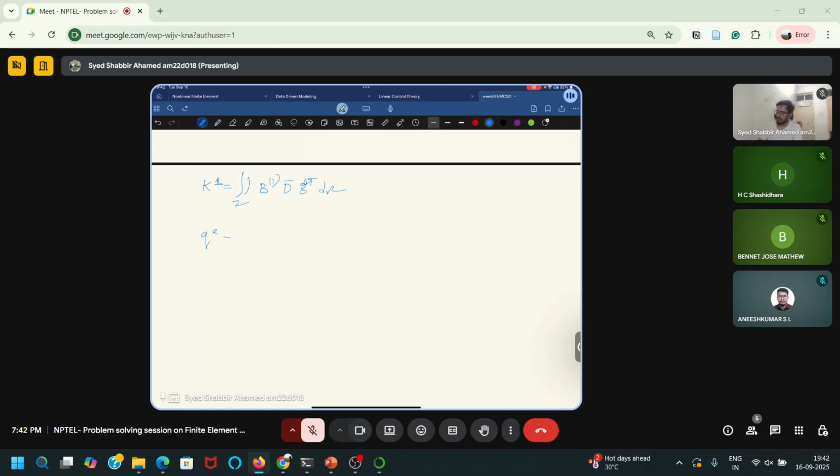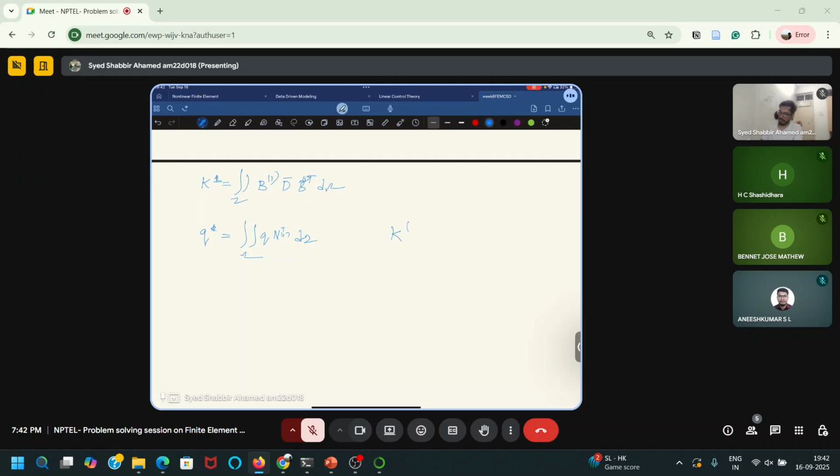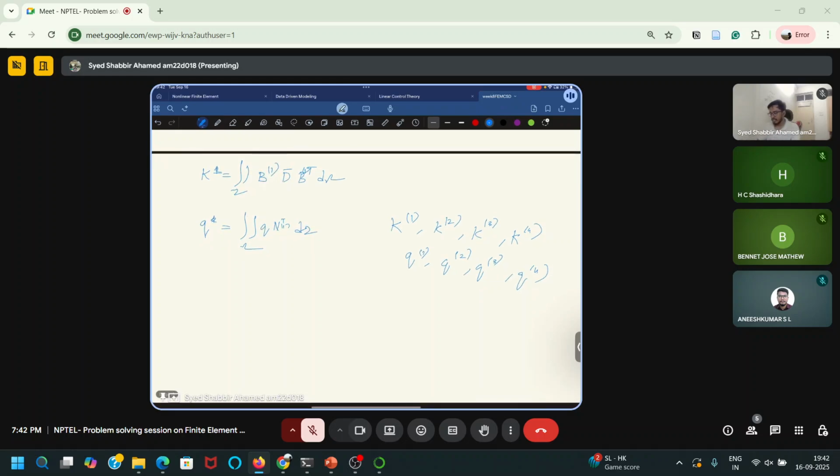You can also find the elementary nodal force vector for each element, which is N transpose D omega like this. So you will get K1, K2, K3, K4, and Q1, Q2, Q3, and Q4. For 4 elements, we get 4 stiffness matrices and 4 nodal force vectors.